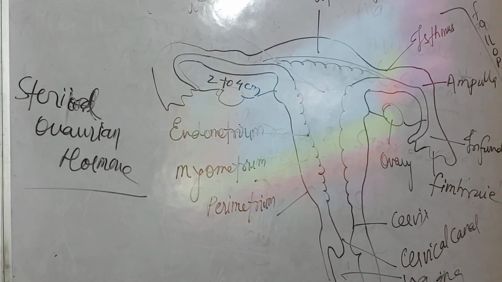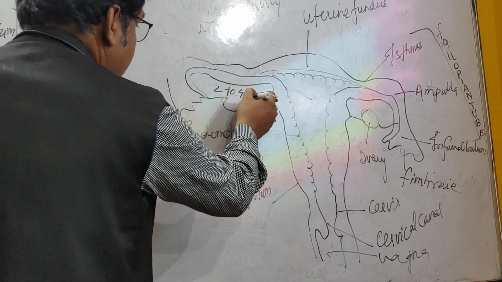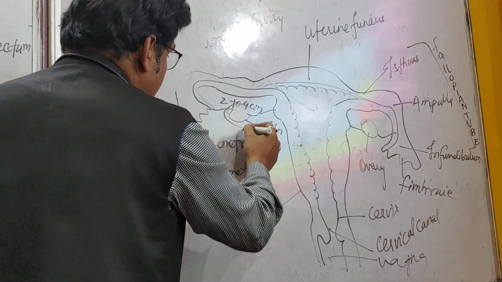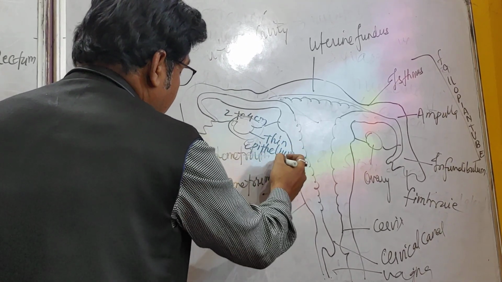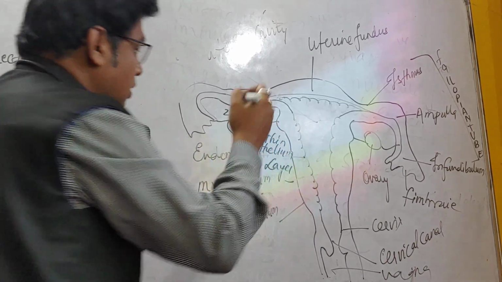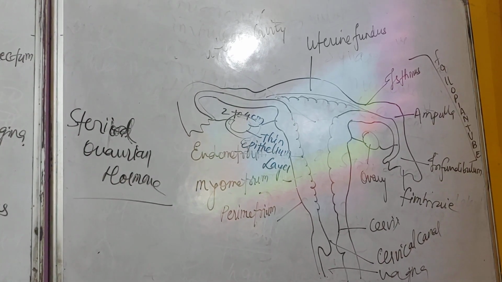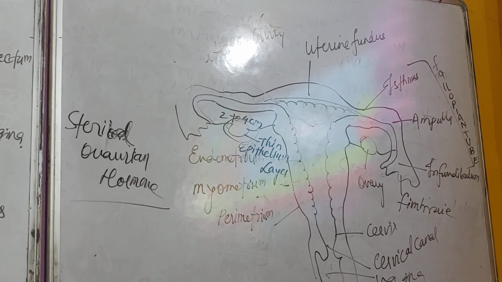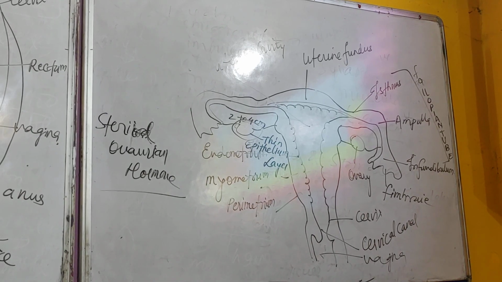On top of every ovary there is a thin epithelium layer that encloses the stroma. This epithelium layer encloses every ovary, as I told you.